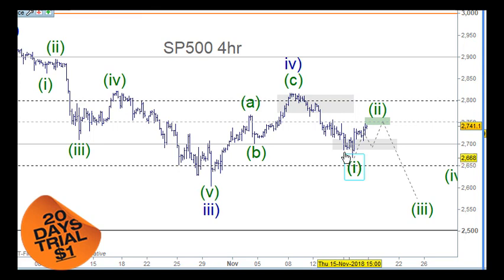Now, on the European markets, this 5 waves coming down here is pretty messy and very difficult to count. But what we need to be mindful of with the European markets is that if this count for the US is correct and we're going up here for wave 2 as an ABC into the 2750, 2760 area, and then falling away quite strongly in a third wave, well then that may drag the European markets into that space as well.